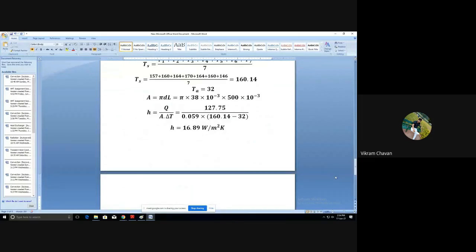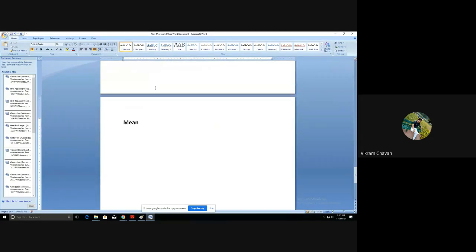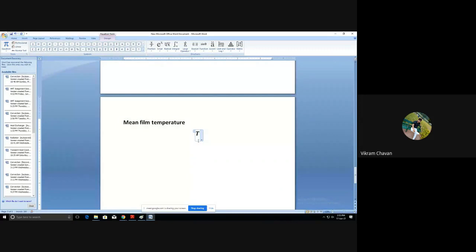I'll write it as T suffix fm, the mean film temperature, which is equal to the average of the surface temperature and surrounding temperature, divided by 2.